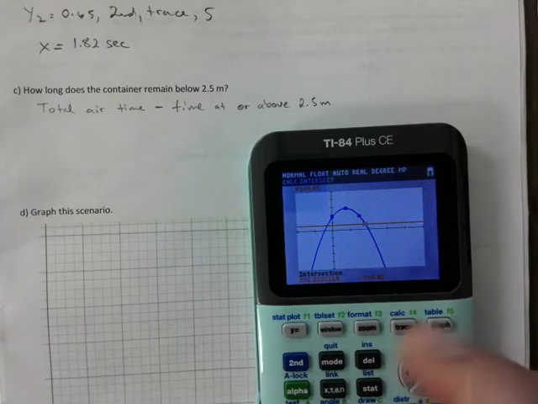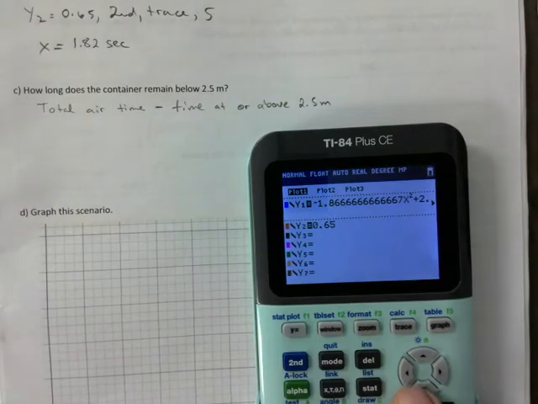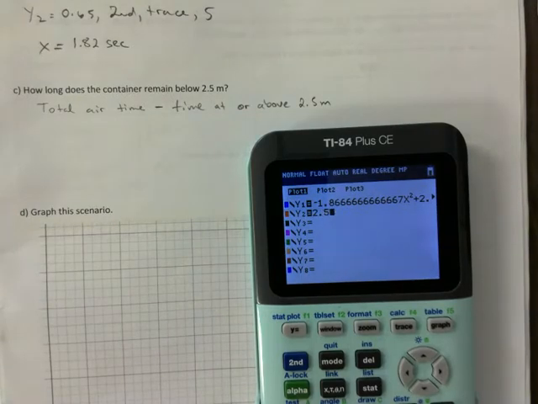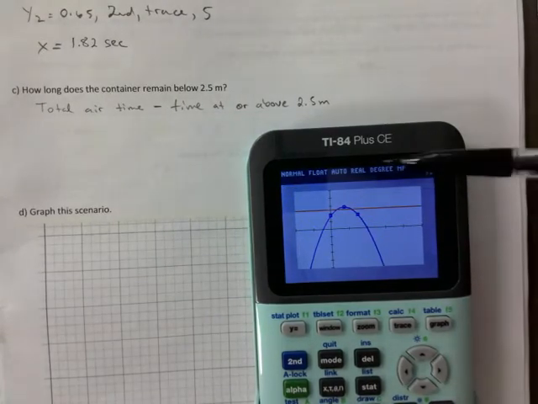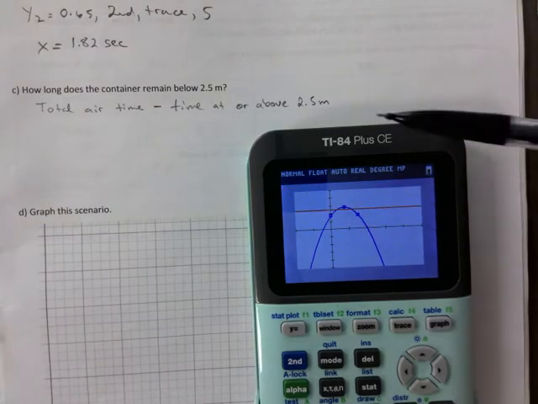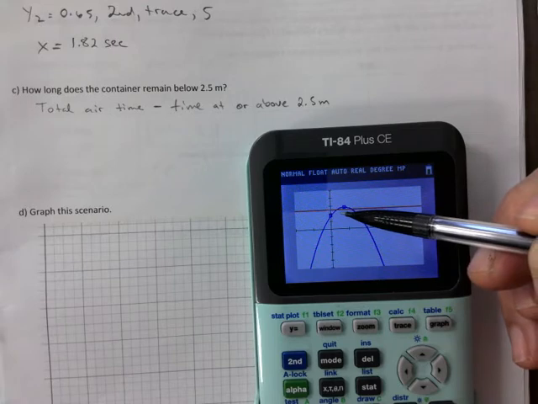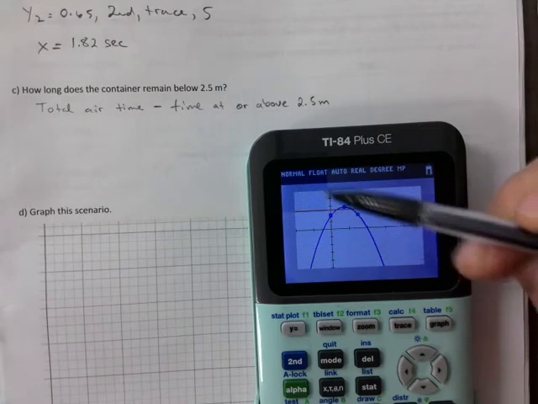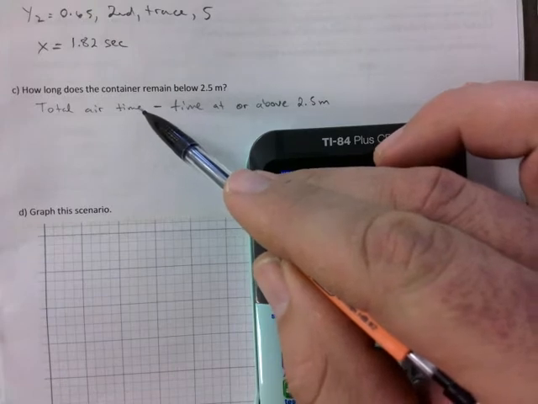So let's go ahead and, do you remember how to do these ones? We got to go y2, we got to make that 2.5, right? So I'm going to take the total airtime. What's my total airtime, by the way, in this case?